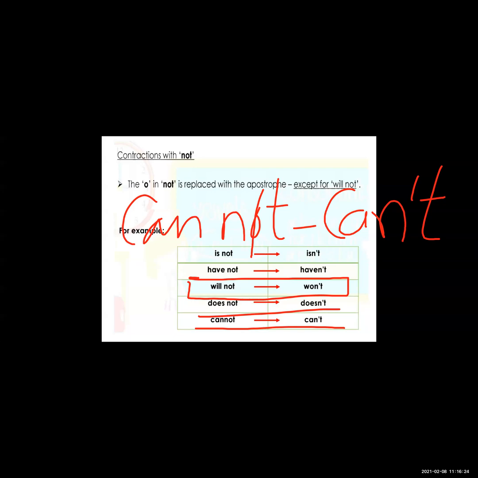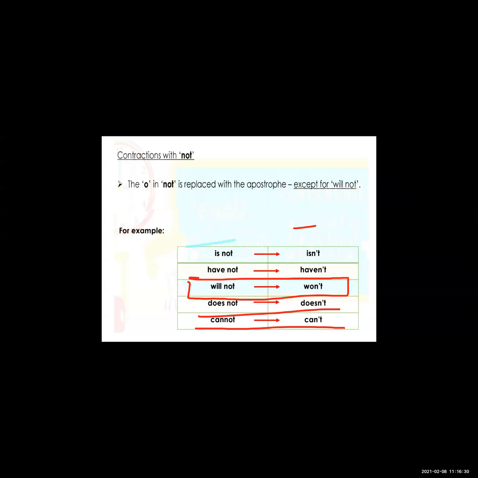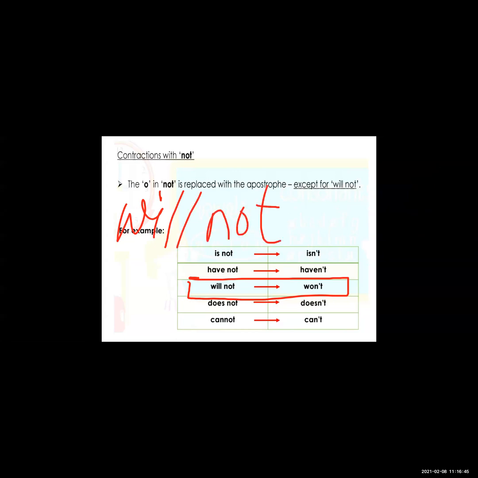Now the next one is about will. Here there is an exception to the rule for will not. How will we make the form of will not? Here what will we replace? This L and this O will be replaced. Okay, wait. Now see how we will make the form of will not.